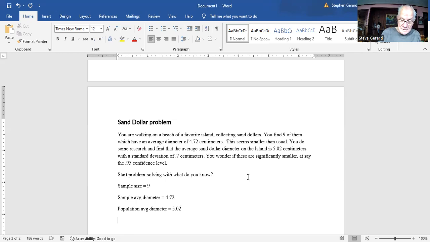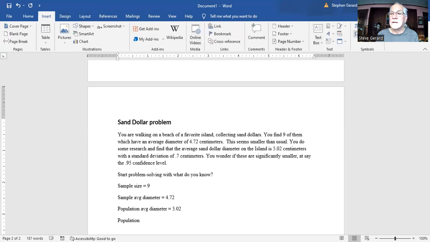And the population standard deviation, sigma, equals 0.7. So you know some stuff here.